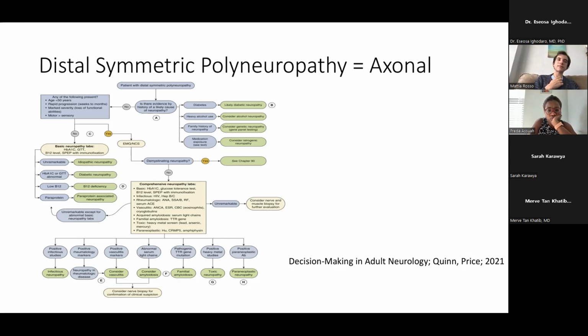So if someone presents with sensory loss, we may definitely think about neuropathy, but what are some other things we should be looking for? Would we expect someone with a neuropathy to have, for instance, loss of bowel control? I'll get to the exam in a second, but would we expect them to have severe falls or have spasticity, for instance?